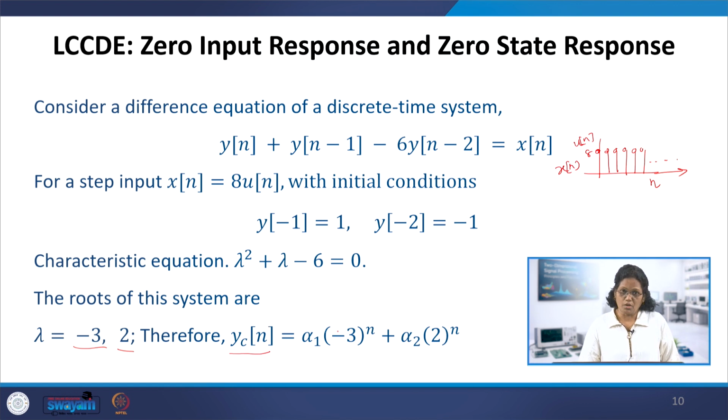This is one response. The form would be different if the roots are repeating or complex conjugates, as in the solution of differential equations. So alpha 1 times minus 3 power n plus alpha 2 times 2 power n is one response.